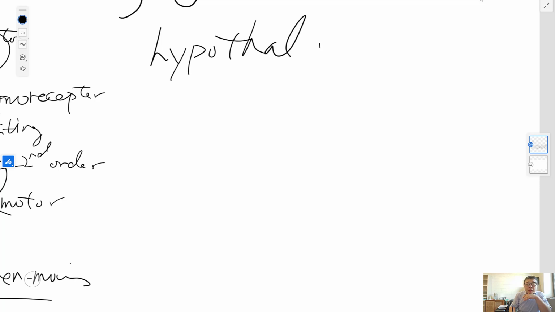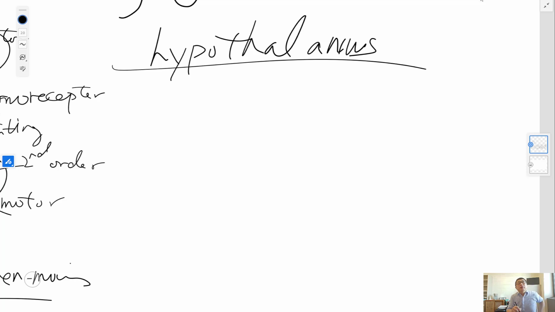And I think I forgot one of those, which is the hypothalamus. The hypothalamus only takes a very tiny portion of the brain, but why I put it almost at the end of the whole schematic is because it is kind of comparable to the cerebrum.